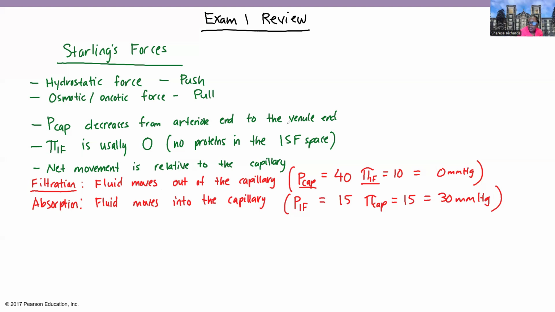We just add these together. Combining our filtration forces, 50 millimeters of mercury, combining our absorption forces, 30 millimeters of mercury. Our overall force favors filtration, which is the greater force, and the total direction would be out of the capillary, and the value of that would be 20 millimeters of mercury.